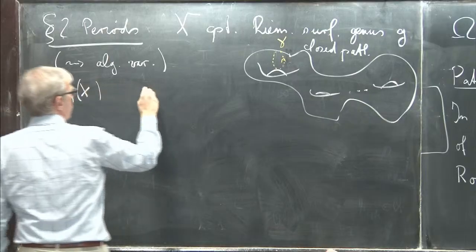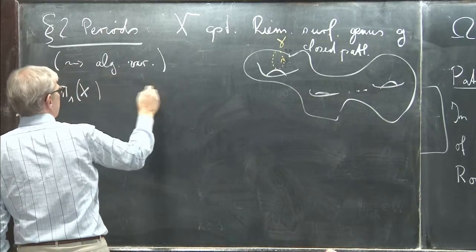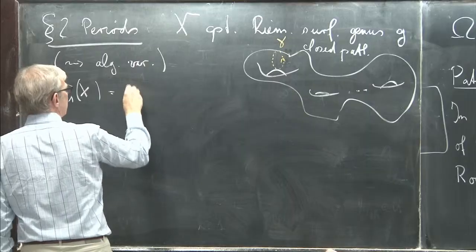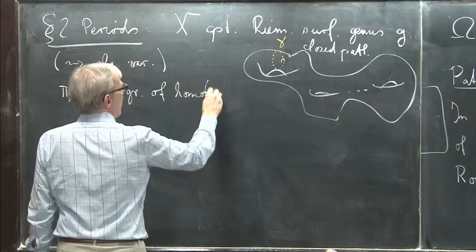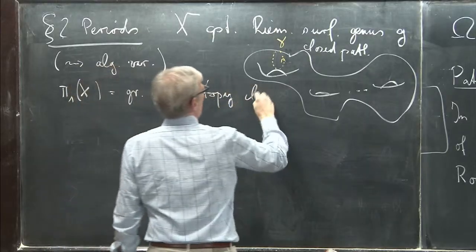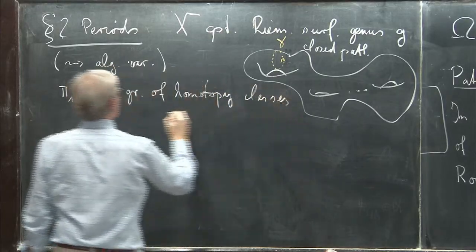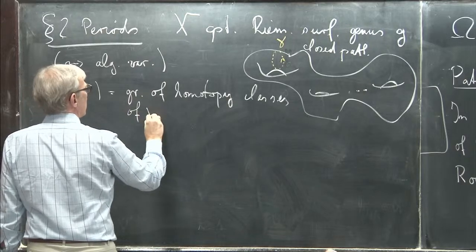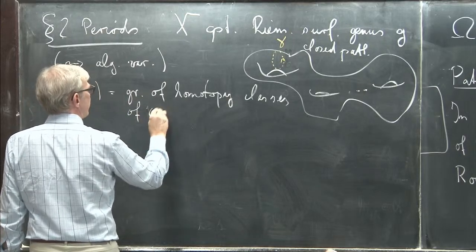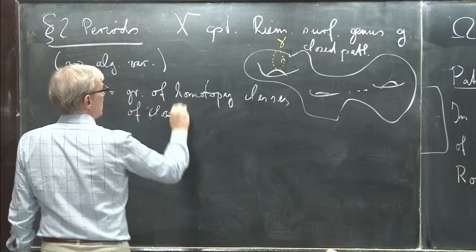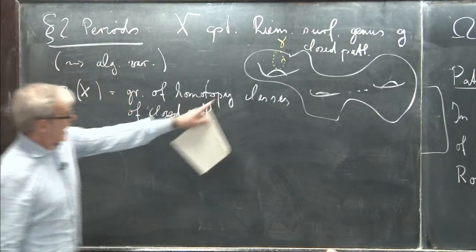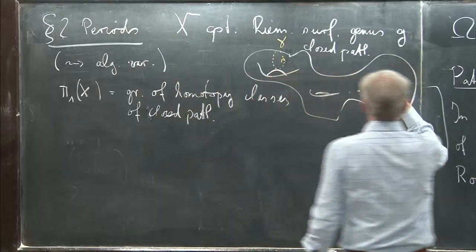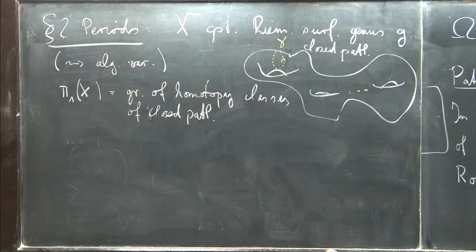This is the fundamental group, which you can see also as the group of homotopy classes of closed paths. This means you just consider the closed path up to continuous deformation along your Riemann surface.